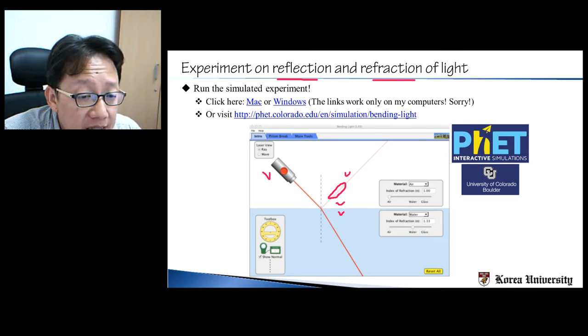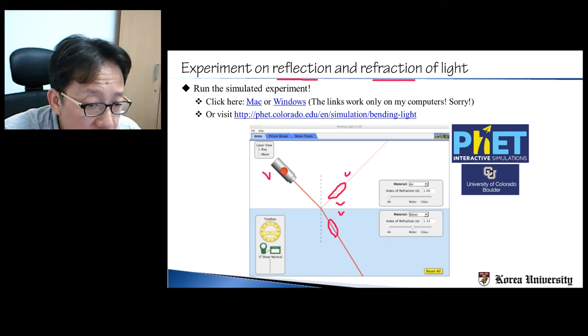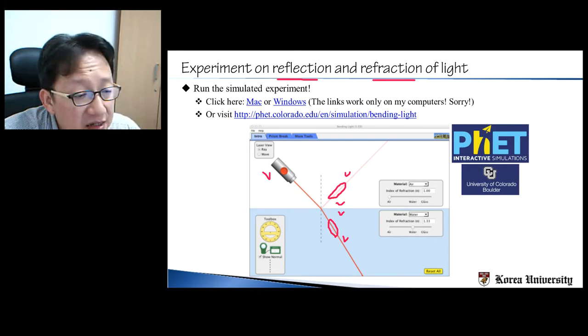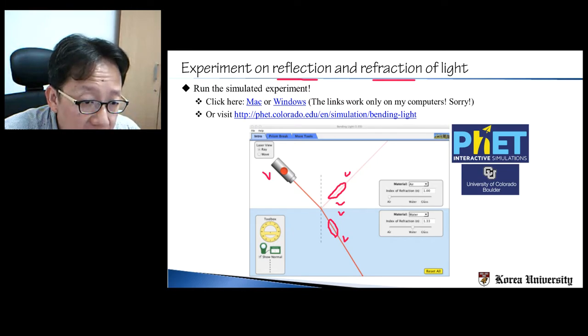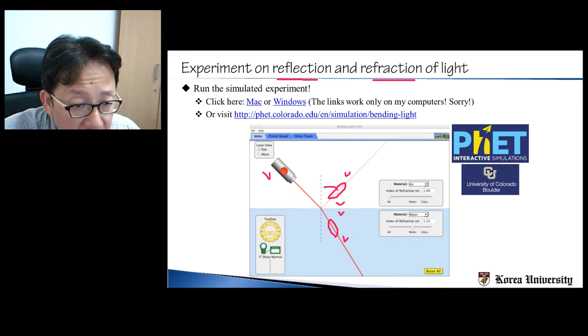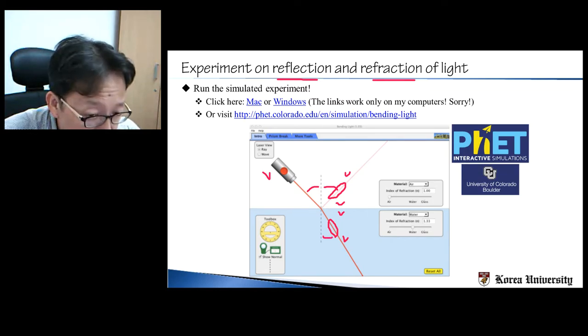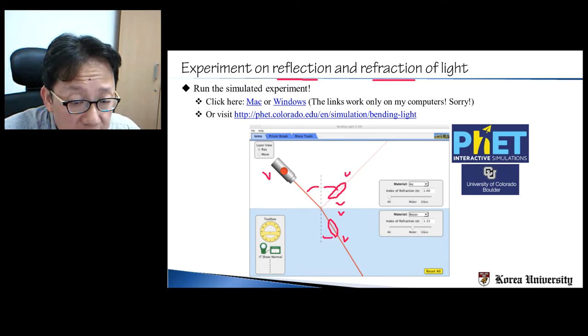The other part of the beam goes into the water, and this part is called the refraction. Here we will study the relations between the angle of reflection, the angle of incidence, and the angle of refraction, depending on the properties of the air and water.